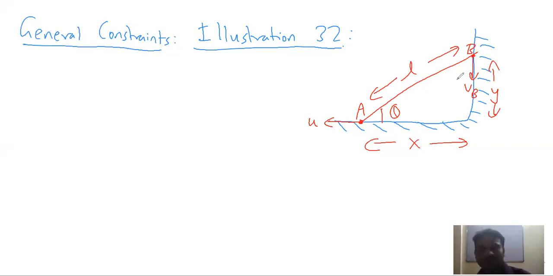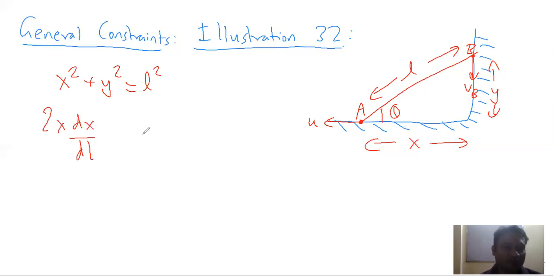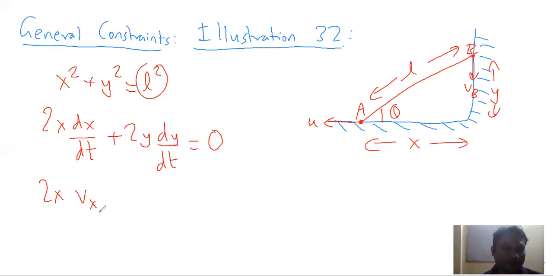In this case, we have various methods to solve this question. So let us see the first method. The first method uses Pythagoras theorem. X square plus y square is L square. On differentiating, we have 2x dx by dt plus 2y dy by dt. L is a constant, so its derivative will be 0. So 2x into Vx of point A plus 2y into VB, velocity of point B, equals 0.